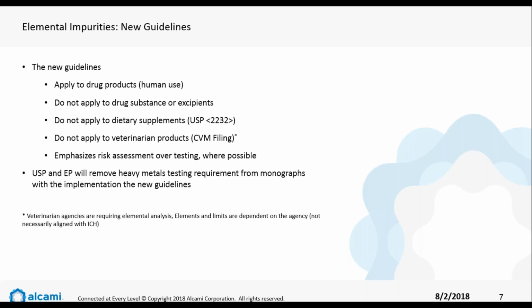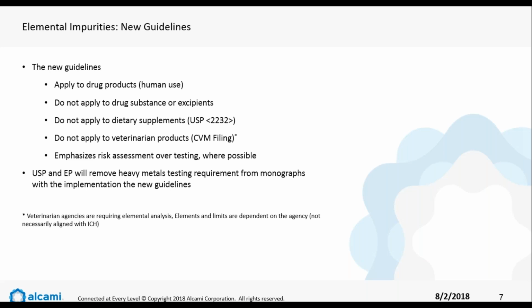These also do not apply to veterinary products, but with an asterisk there. We have seen recently that the veterinary agencies are requiring elemental analysis, though it's not aligned with the ICH requirements. So if you are a veterinary company that is filing, you want to reach out or look at the agency you are filing with to see if there's any information on how elemental impurities should be addressed.